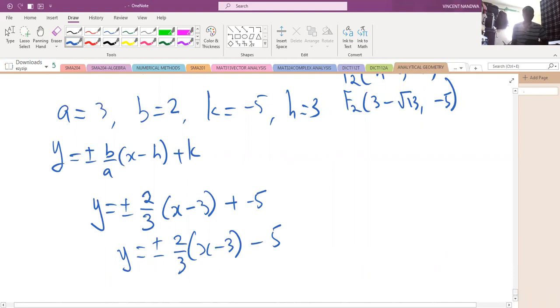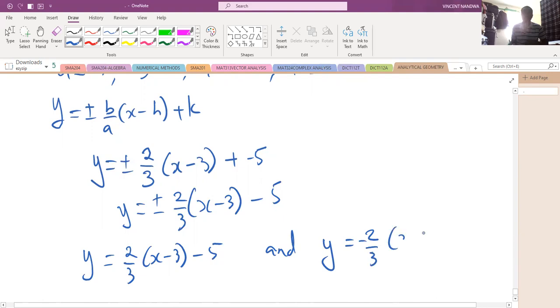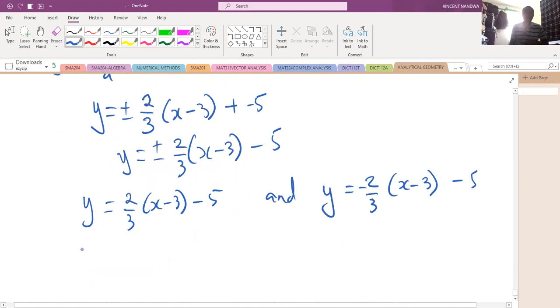And so you can always simplify to get the two equations. So y equals 2 over 3 into x minus 3 minus 5, and y equals minus 2 over 3 into x minus 3 minus 5. This is the same as y equals 2 over 3 x minus 2 minus 5, which will be y equals 2 over 3 x minus 7.